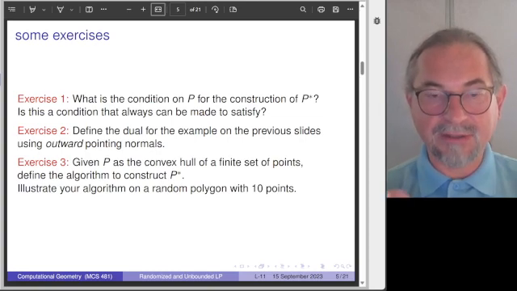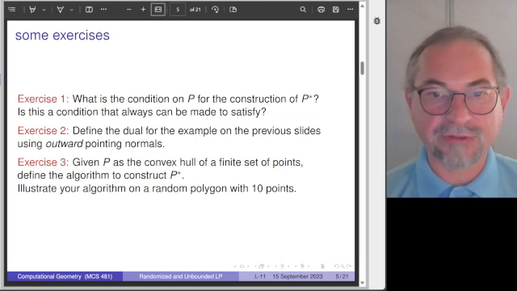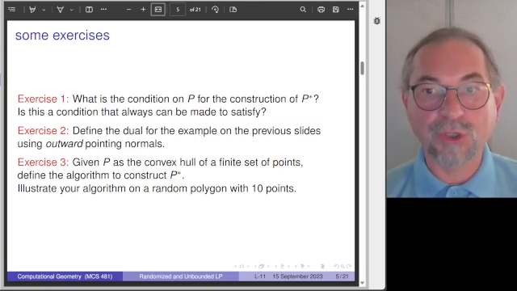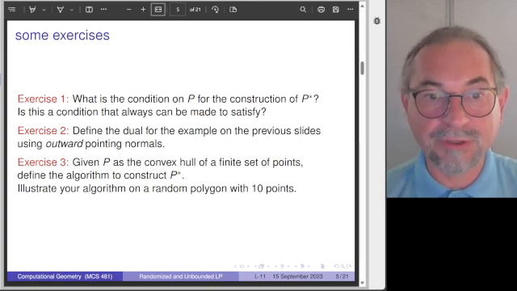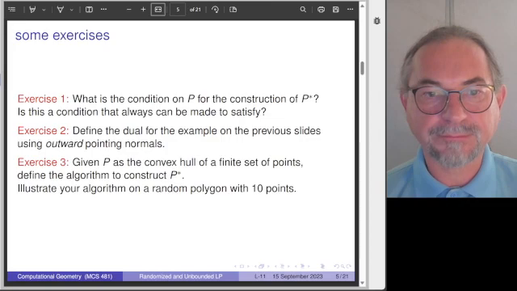So again, the origin needs to be in there. But you can apply the same construction. You can construct the same dual polygon by working with the other convention, working with outward pointing normals.